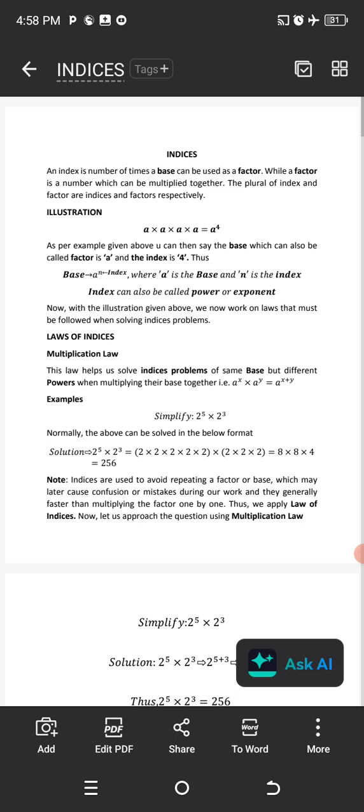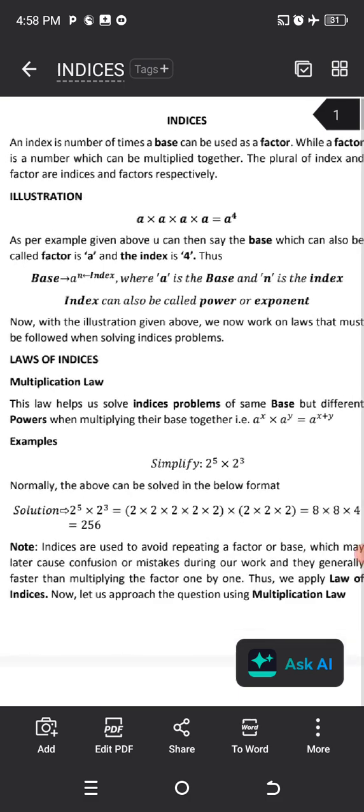So that is just an introduction to indices. As the illustration given shows, a number is being multiplied 4 times. That is a times a times a times a, which is now written as a raised to power 4.